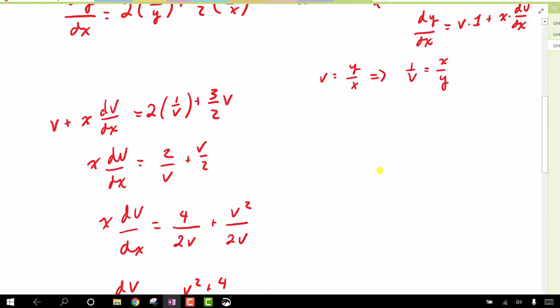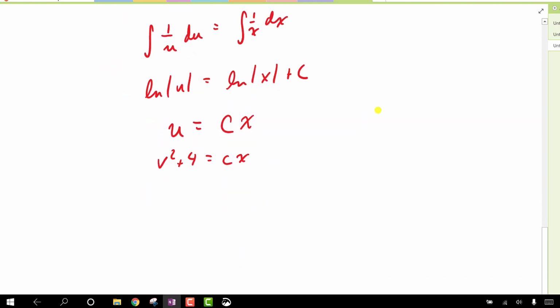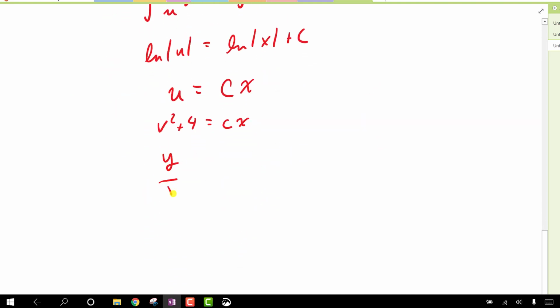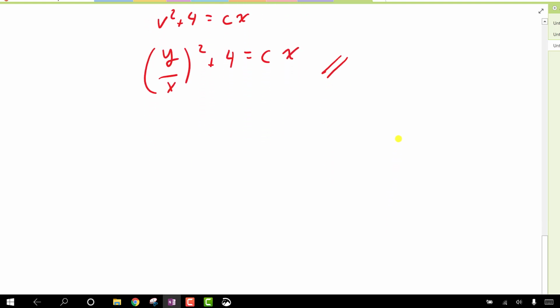What was v? v was y over x. So we end up with (y/x)² + 4 is equal to cx. I'm perfectly happy leaving the answer there in this implicit form. We could give the answer explicitly, and if we did so, we get y²/x² + 4 is equal to cx.